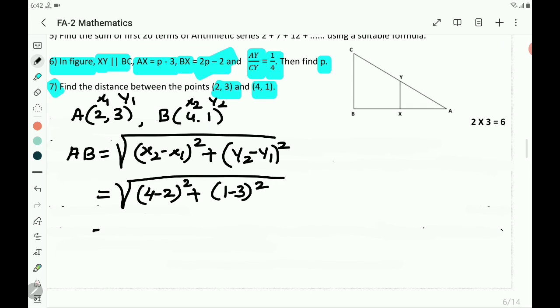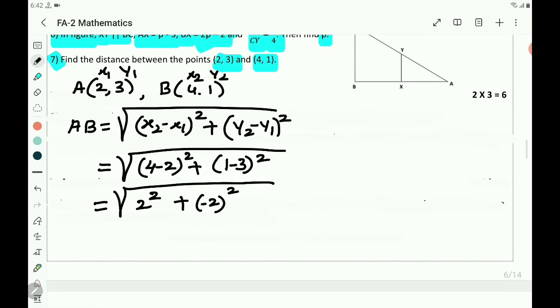Then write 4 minus 2 is 2, and write the square 2, plus 1 minus 3 is minus 2 whole square, equals 2 square is 2 into 2, 4, plus minus 2 square is minus 2 into minus 2, that is 4.